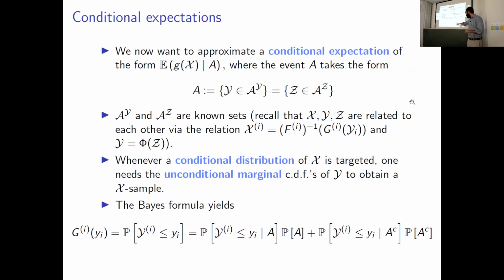Remember that this guy is small, right? If A is a rare event, P of A is small, and P of A complement is large. So this guy here is not a big problem, right? Computing the c.d.f of Y, given that I'm not in the set that's rare, that's easy. That's not a problem. The problem is here, which is the problem that we are trying to solve with the MCMC.